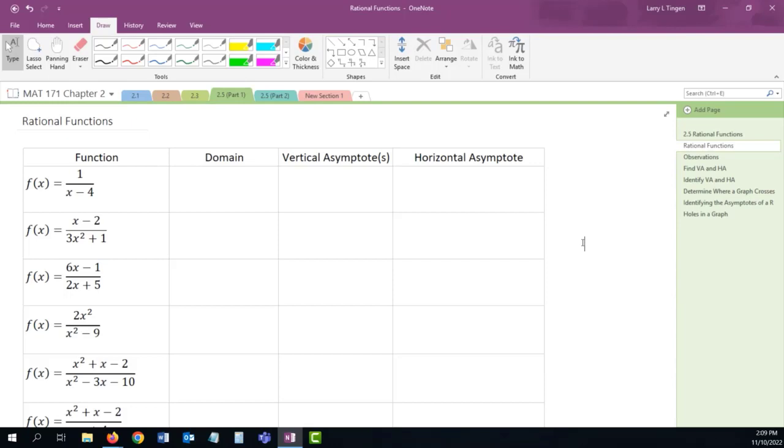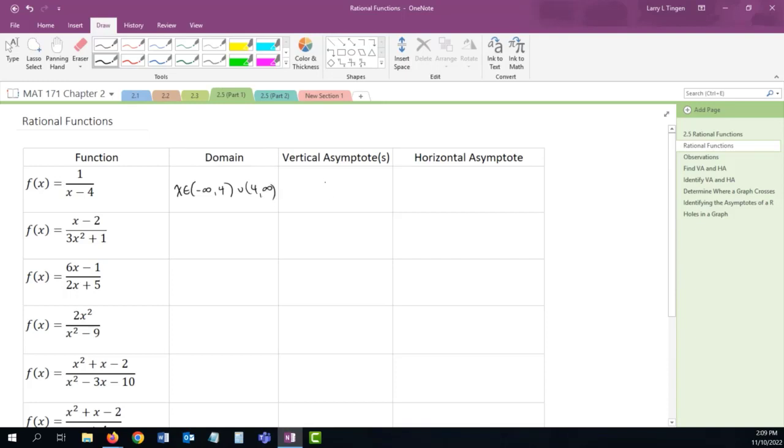No. A variable in the denominator means I need to figure out what value of x makes the denominator 0, and that is not allowed to be in my domain. What makes the denominator 0 here? 4 does. So the domain is everything but 4: negative infinity up to 4, 4 to positive infinity.